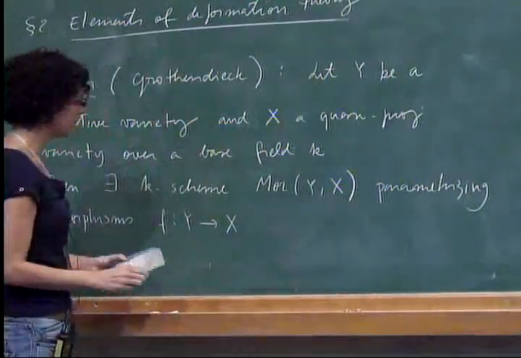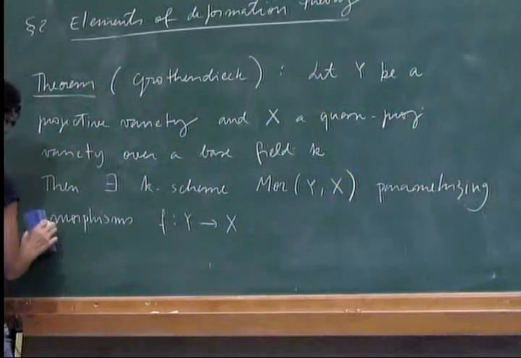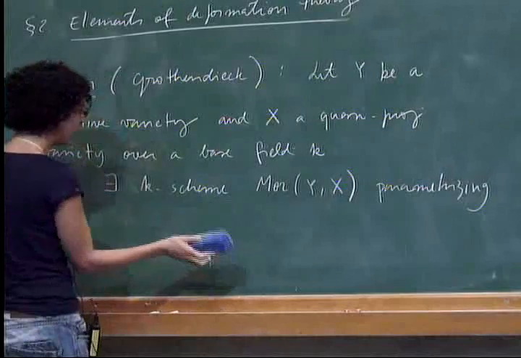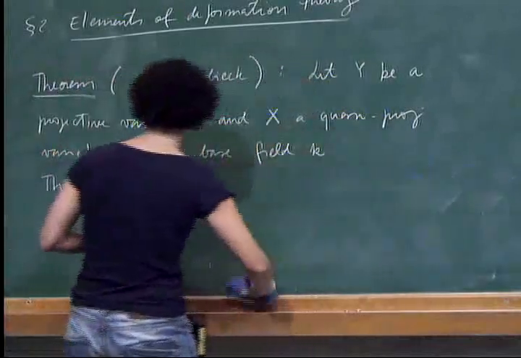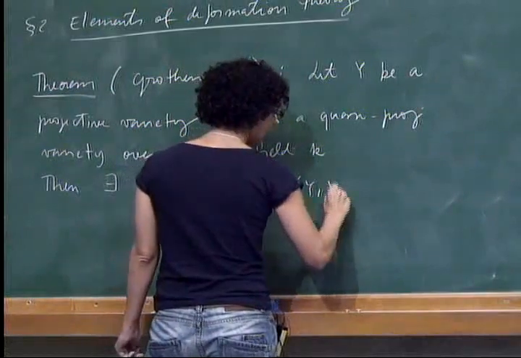So maybe let me say a bit more. There is a K-scheme, I should say locally of finite type, Mor(X, Y).